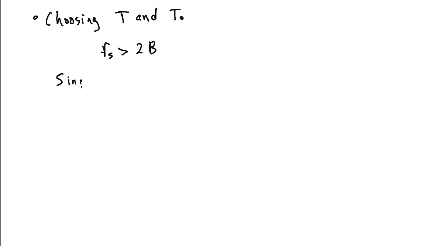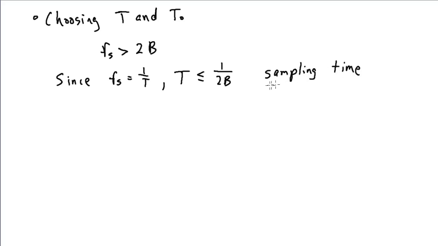Since Fs is equal to 1 over the sample time, then I get that T has to be less than or equal to 1 over 2B. So this is our sampling time.